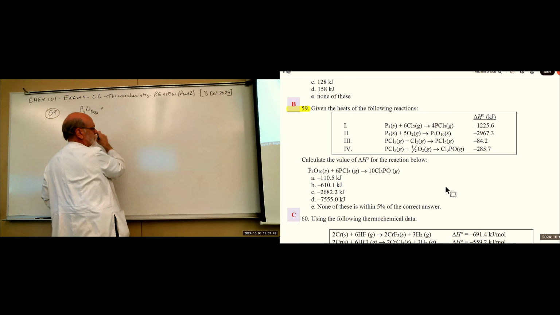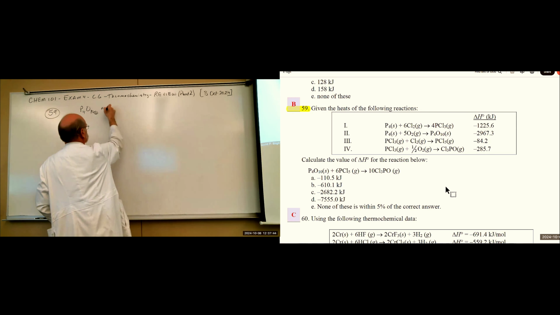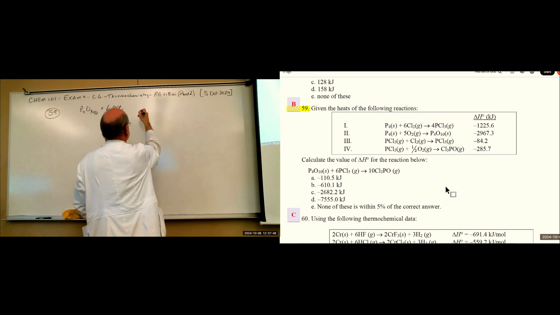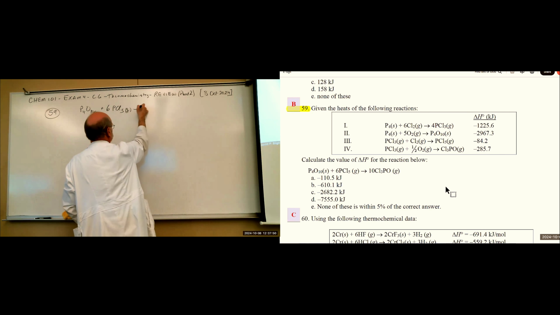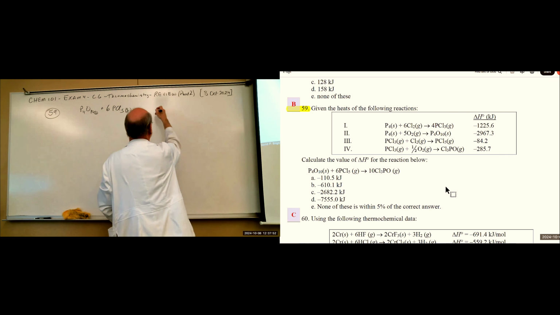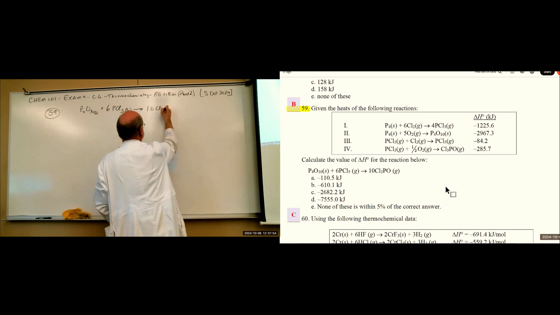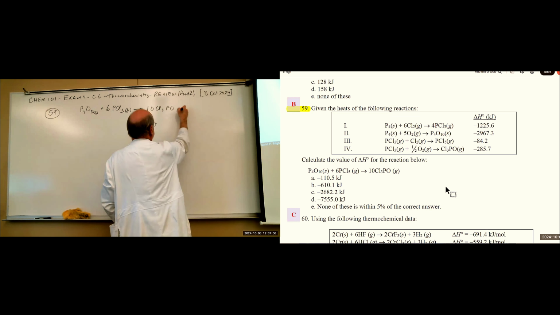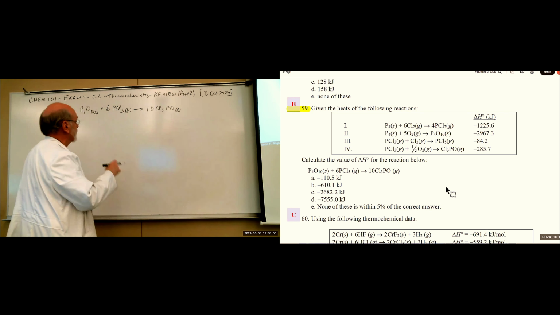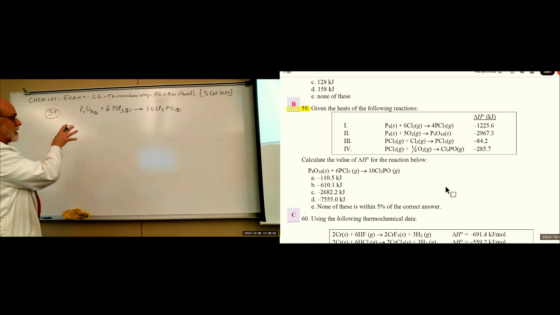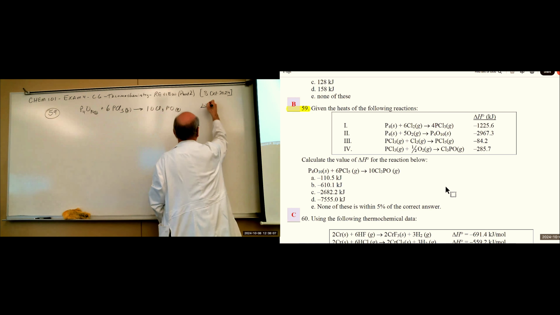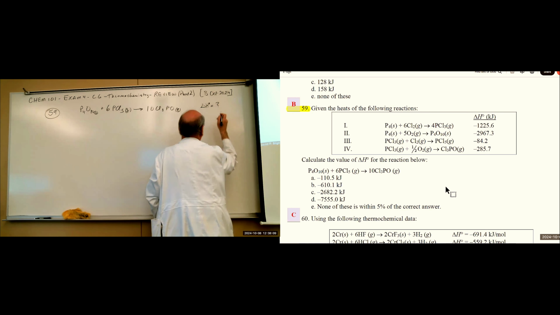I need to add 6 PCl5s. This is a gas. Now I can put the product, Cl3PO gas. Okay. So that's our target equation. And we're looking for that value.